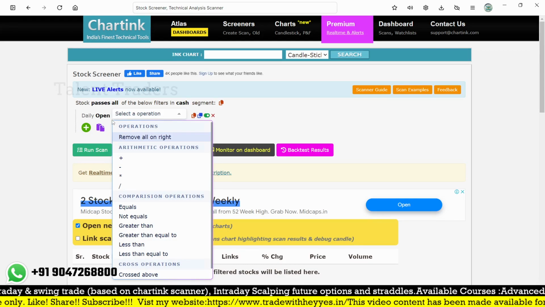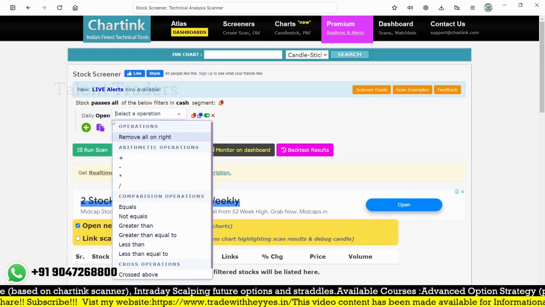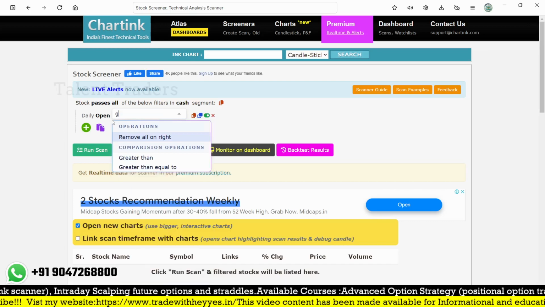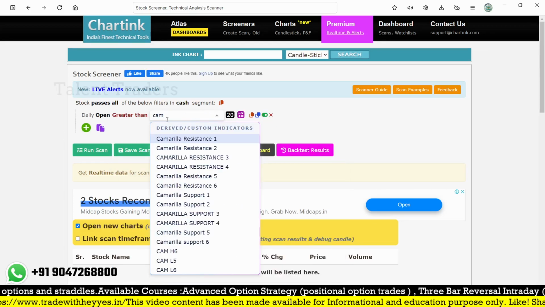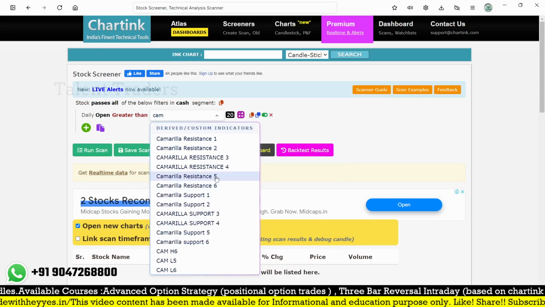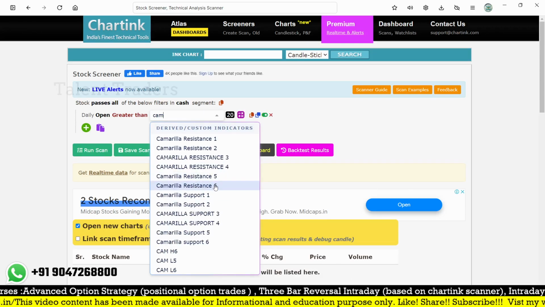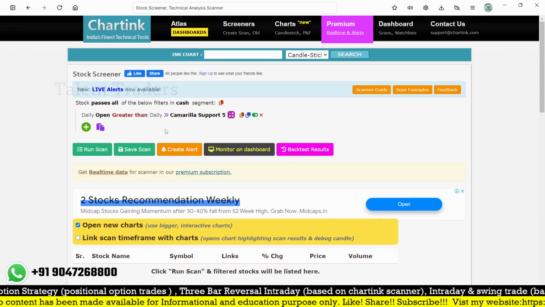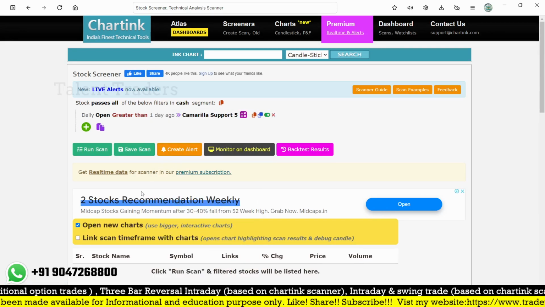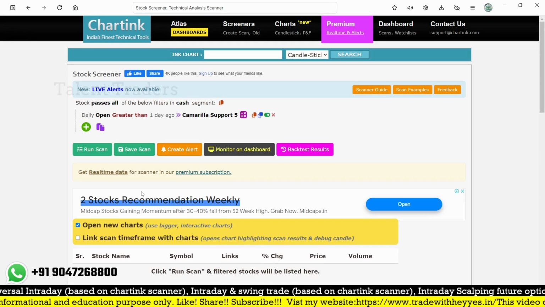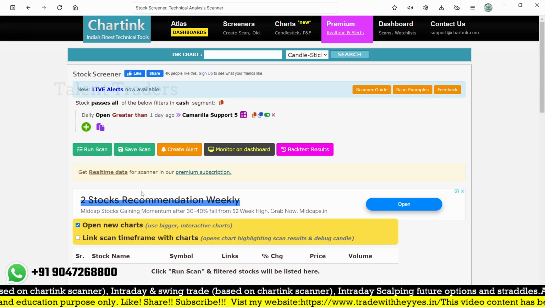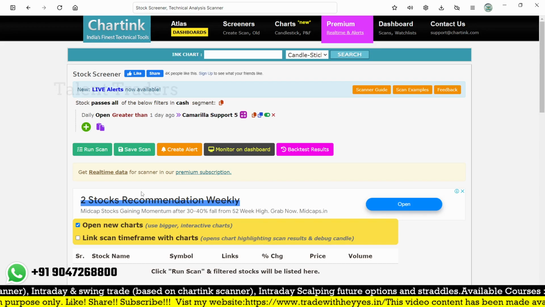The daily open should be greater than the Camarilla S5. So already we created that. Even resistance 6 we already created. In this case, I'm using it for support. I always use the 1 day ago Camarilla. Why? Because this calculation is based on the previous day's value. If I use today's level, it may be showing for tomorrow.